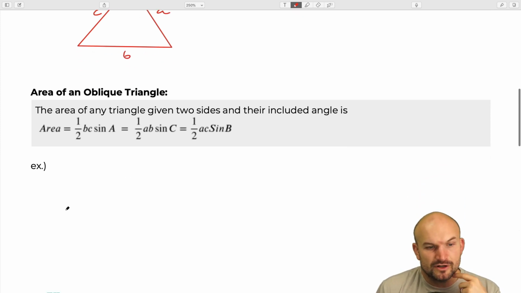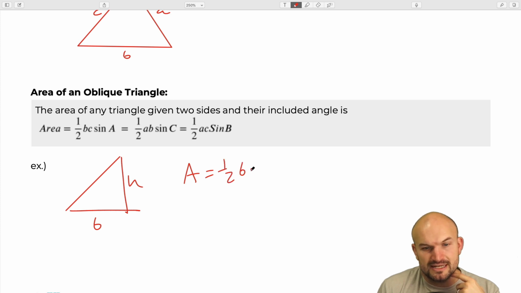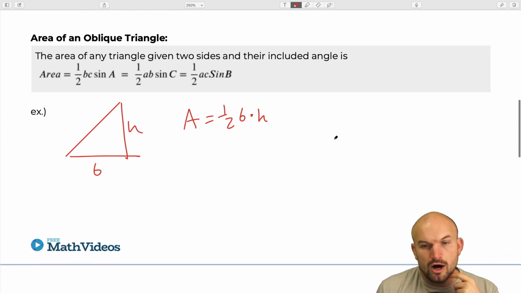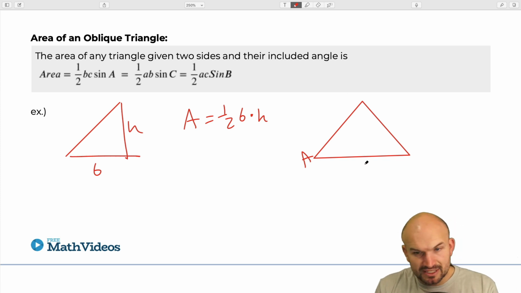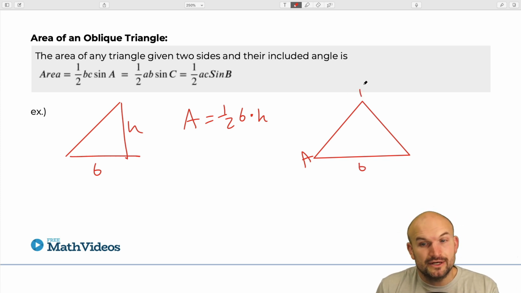If you remember back in the day, if I had base and height, we know the area was equal to 1/2 base times height. When we're working with this oblique triangle, let's call this angle A, and this side length b, and the height here, and then this would be big C and little c.